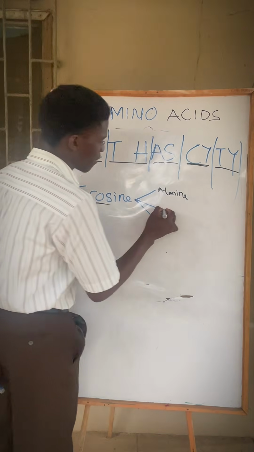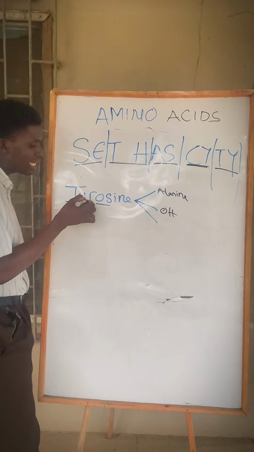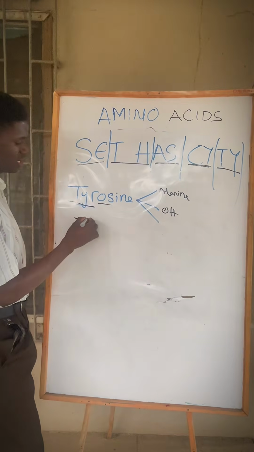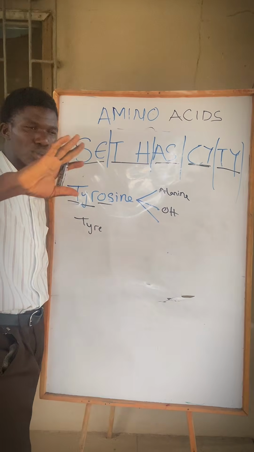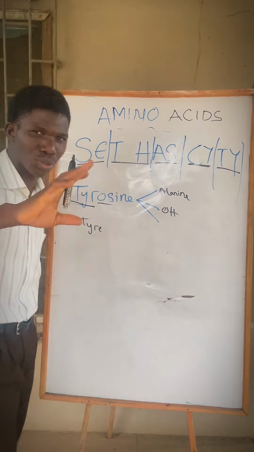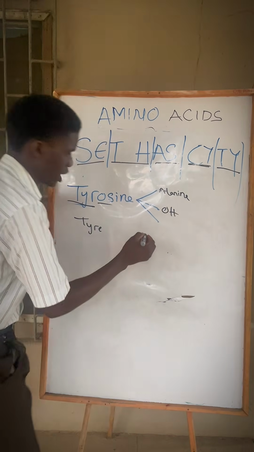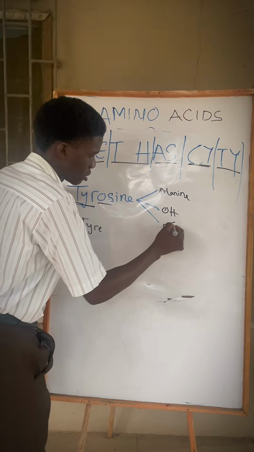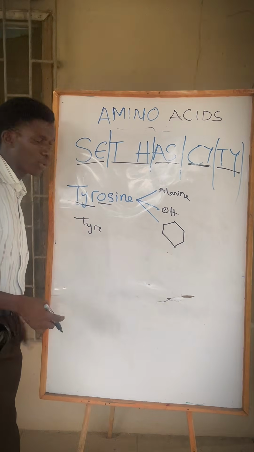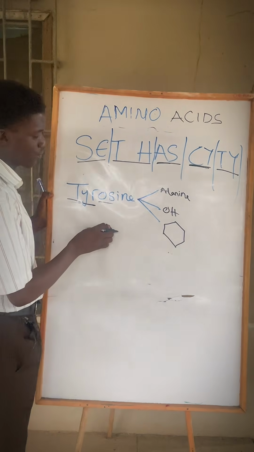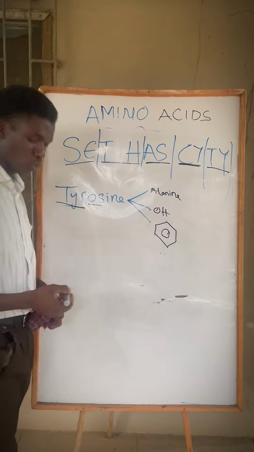Then we have OH, and let's spell tyr first. That means we have something tire. When you look at organic structures, which one looks like a tire? Your benzene. So we have alanine, OH, and this benzene group.